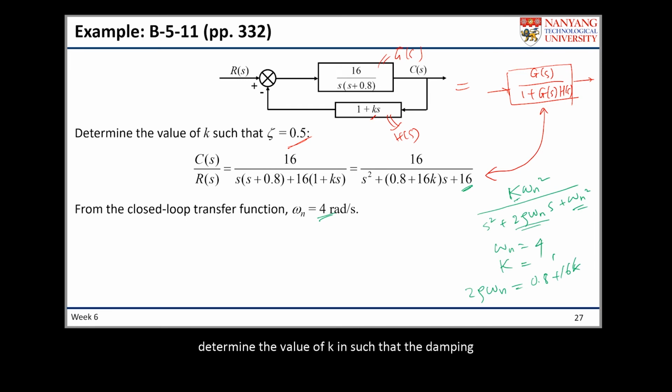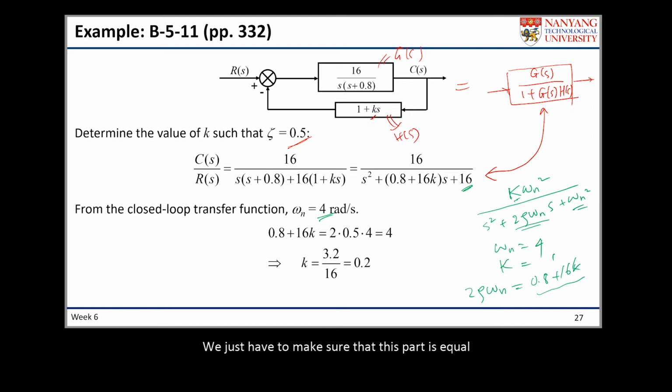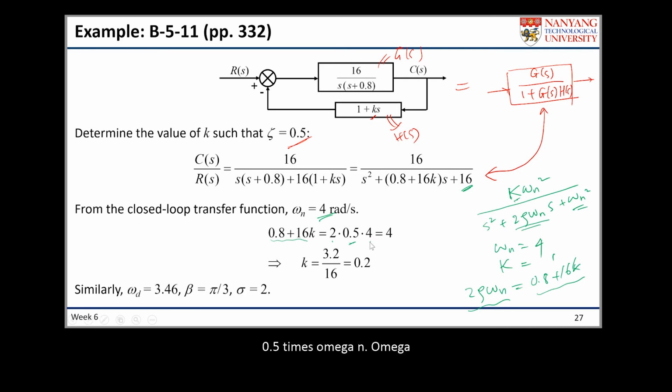Now we are going to determine the value of k such that the damping ratio zeta is equal to 0.5. So how to do that? We just have to make sure that this part is equal to this part. So 0.8 plus 16k should be equal to 2 zeta, the desired zeta, 0.5 times omega n.